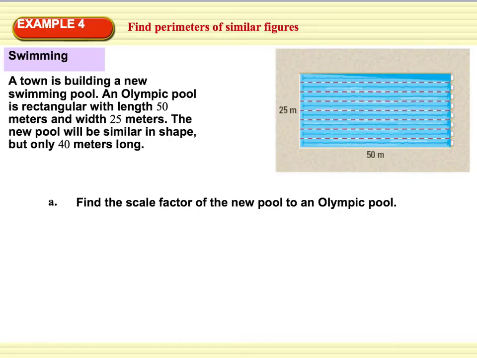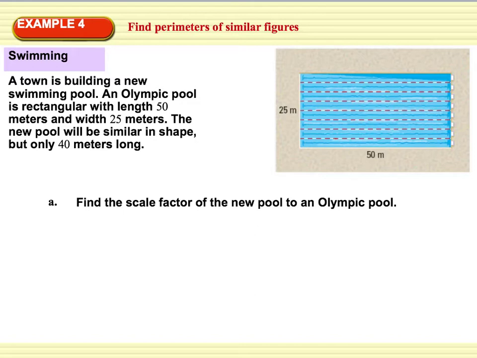with an example. Okay? A town is building a new swimming pool. An Olympic pool is rectangular with length 50 meters and width 25 meters. The new pool will be similar in shape, but only 40 meters long. Okay? Find the scale factor of the new pool to an Olympic pool.